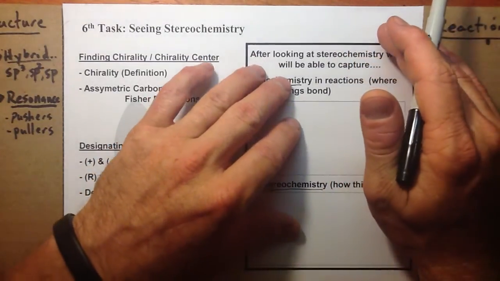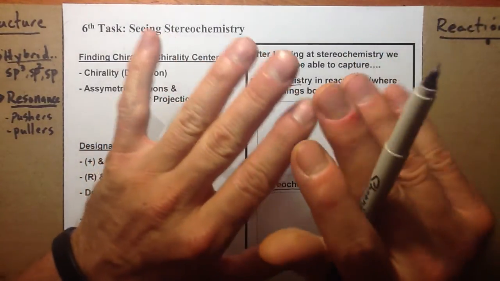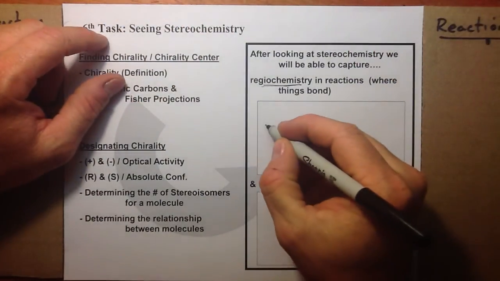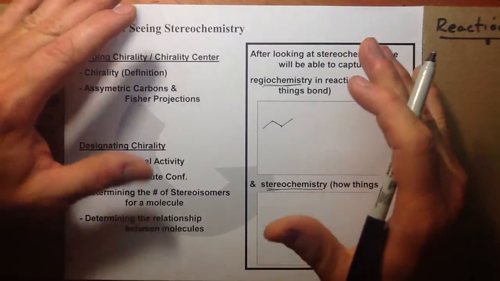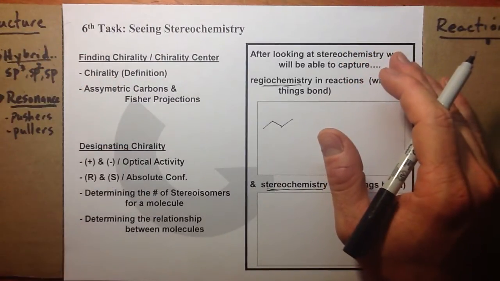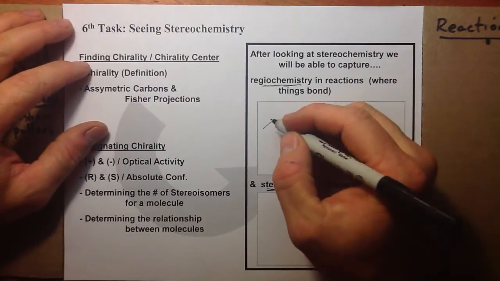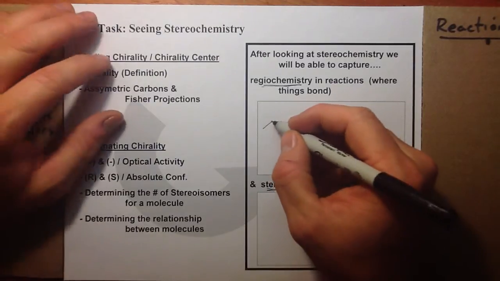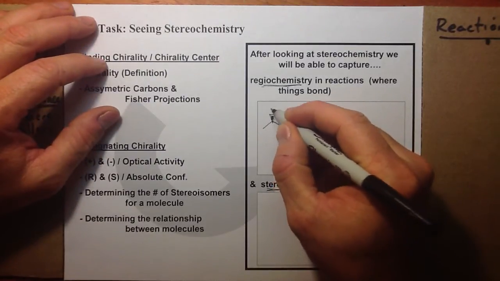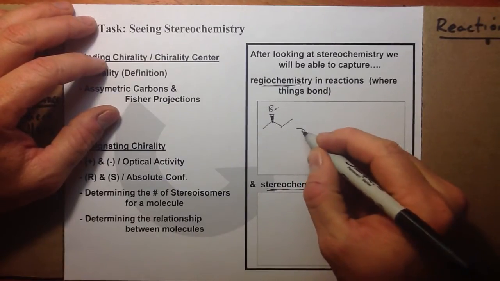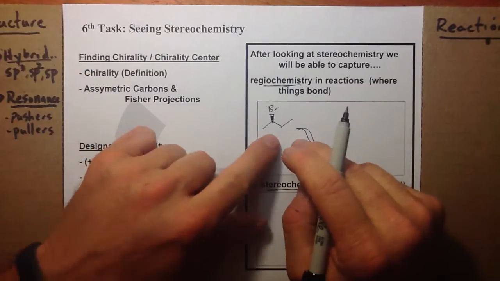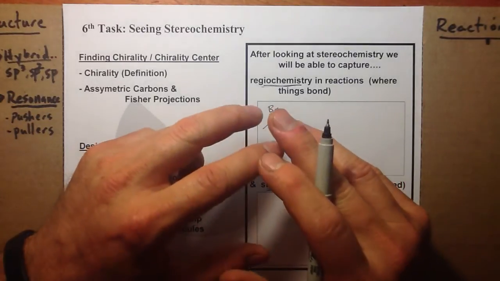So let's go ahead and look at, just real quickly, a view ahead to where we're going, because it's important that we understand where stereochemistry, task 6, really fits into the world of organic chemistry. It really fits in more as we look ahead towards reactions. We're going to take molecules that we can now see better.